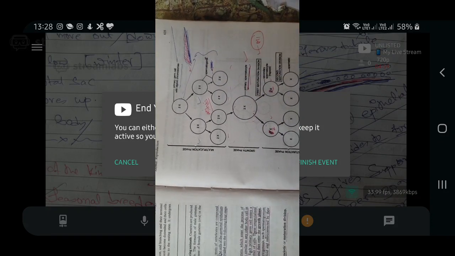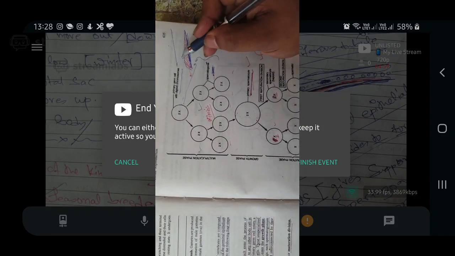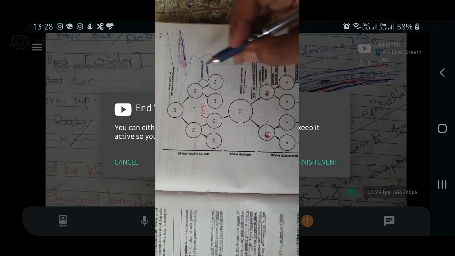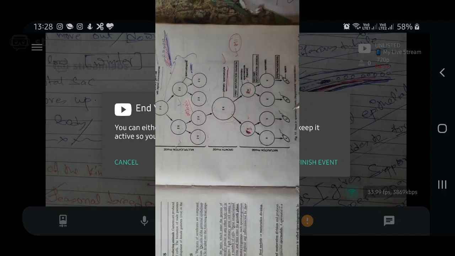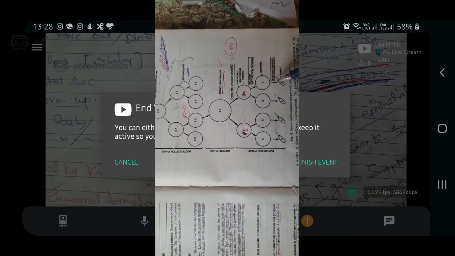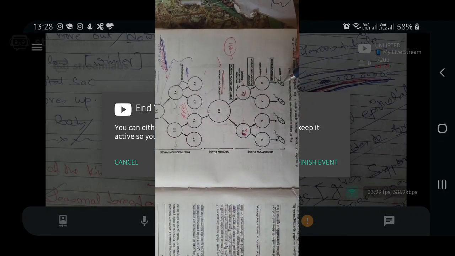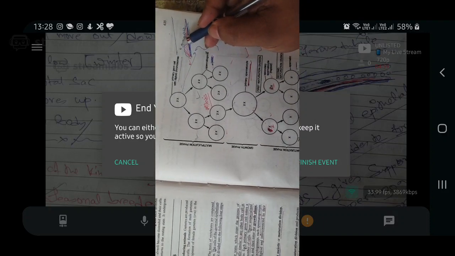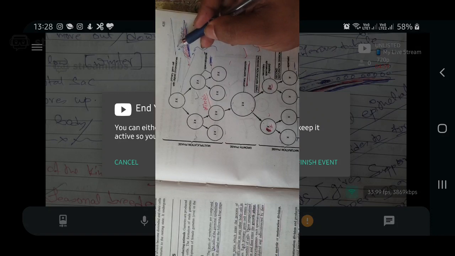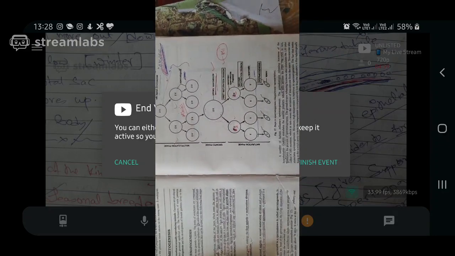The primary spermatocyte is somewhere over the basement membrane, and from there division has occurred and the secondary spermatocytes have formed, and from there the spermatids, which later on develop into sperm. The spermatids also lie somewhere near the basement membrane only, but not in the middle. Then after that what happens? The spermatid develops into the sperm.